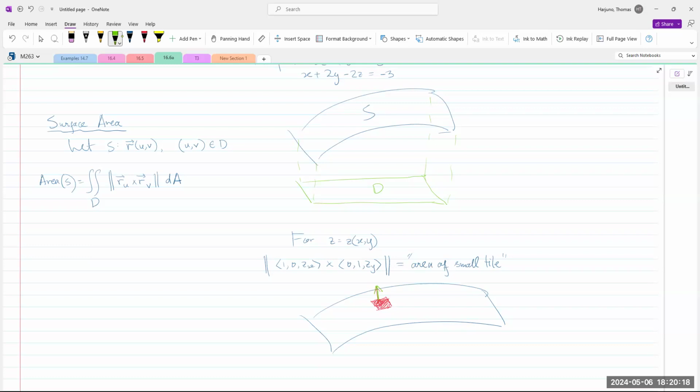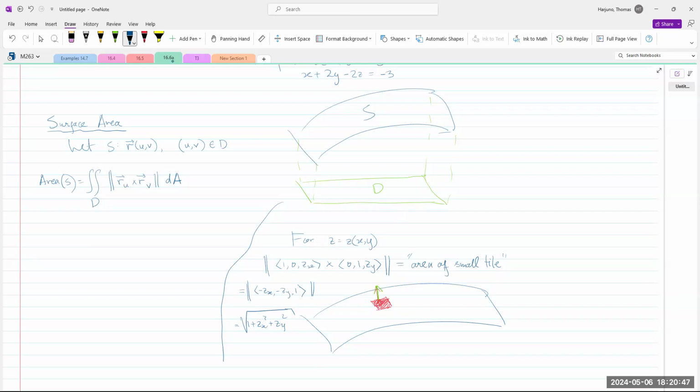The cross product gives us (negative z sub x, negative z sub y, 1), then the magnitude is the square root of 1 plus z sub x squared plus z sub y squared. Now that's the special case if the surface S is z as a function of x and y.